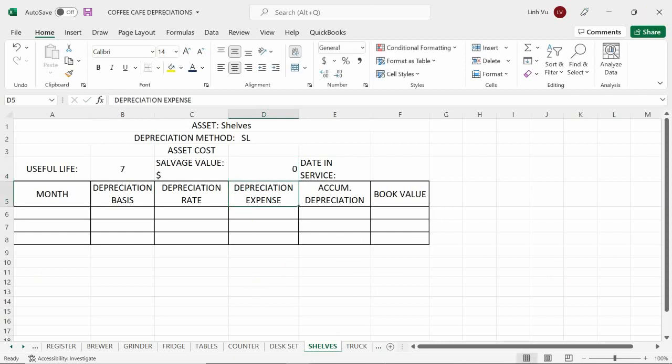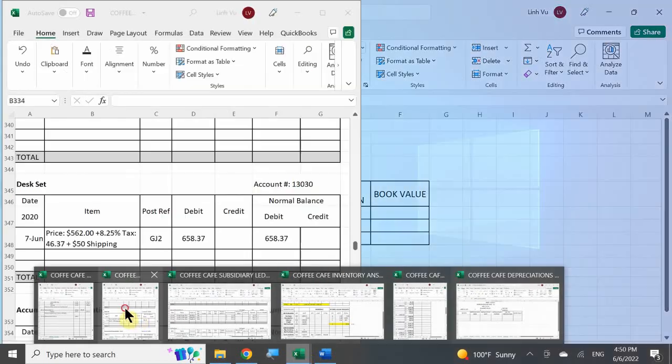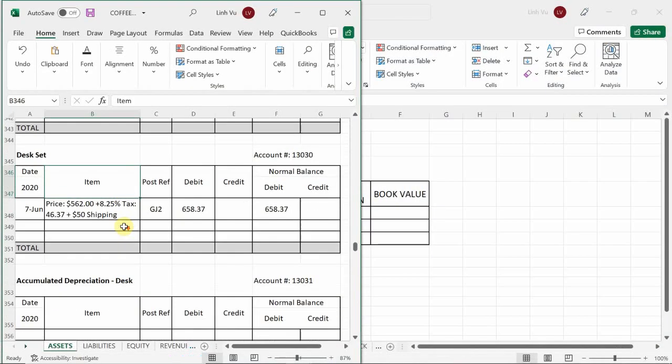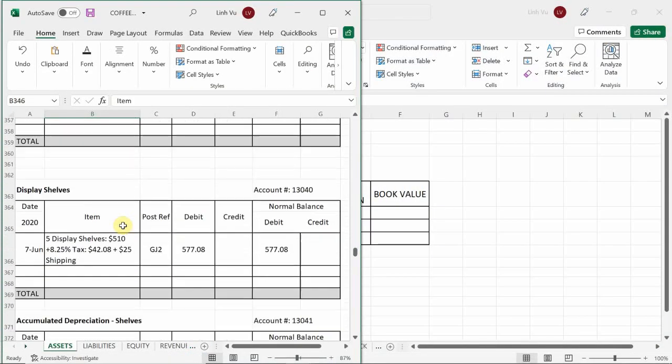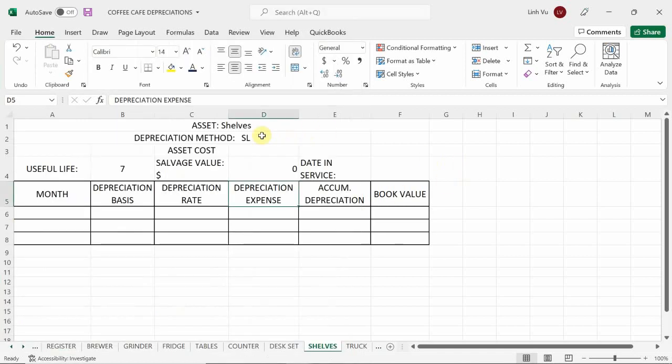Let's see when we purchased the display shelves and how much it cost. We purchased the display shelves with the counter, so that means on June 7th we got it for $577.08.